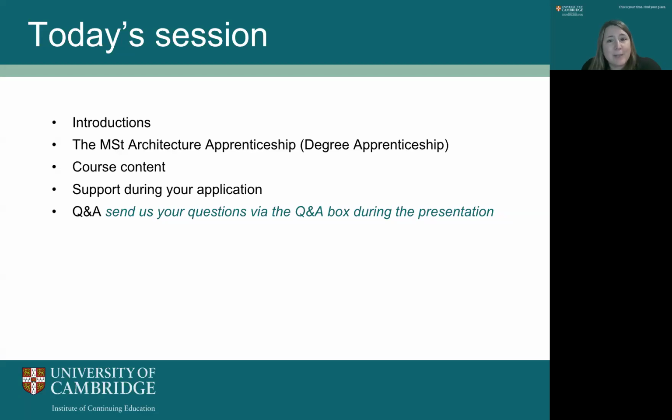My colleague Andy Bowden from the apprenticeships team will take you through what kind of support we can provide you during your application, and you will also hear from one of our current students. At the end of the session, we have some time reserved for questions and answers. So please do send us your questions using the question and answer button at the bottom of this screen. I will now hand you over to my colleague, Professor Timothy Britton-Catlin, course leader for the course. So Tim, over to you.